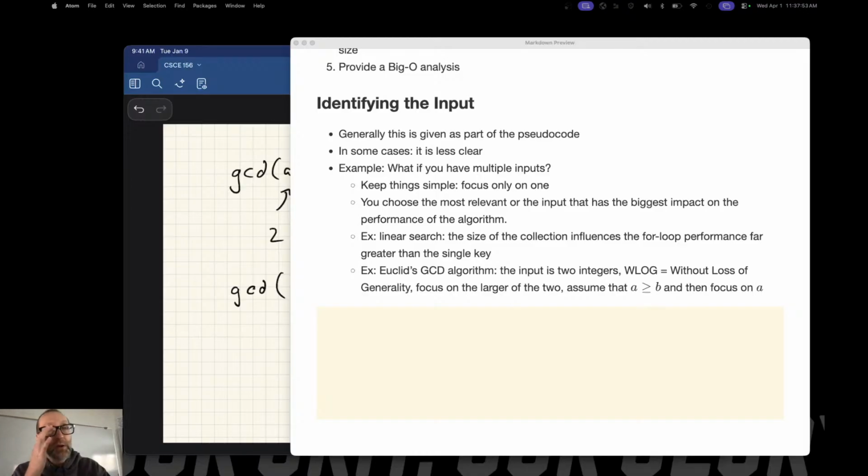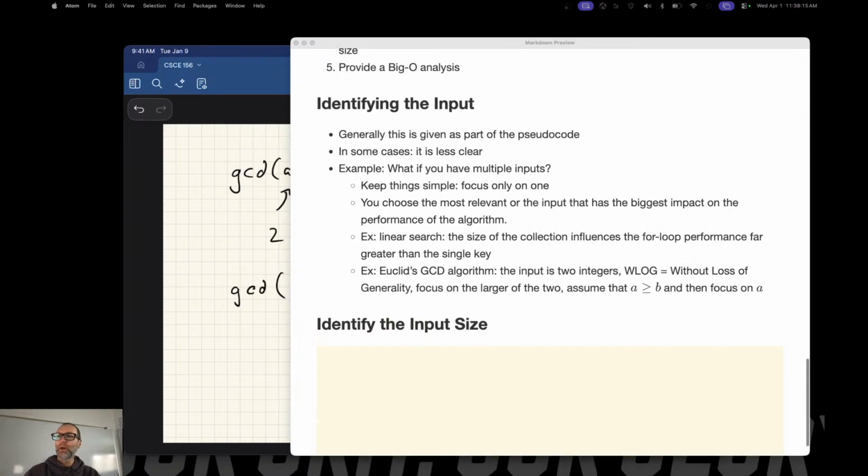And generally what you can do is, if that's not the case, if B happens to be greater than A, just switch them around. With the GCD algorithm, it doesn't matter. GCD of A, B is equal to GCD of B, A, right? All right, so without loss of generality, choose the larger one. Right? Always want to get it down to one input so that you are focusing only on one input.